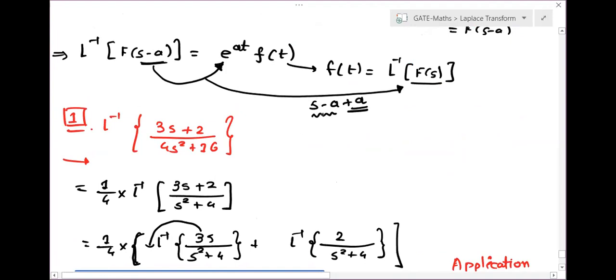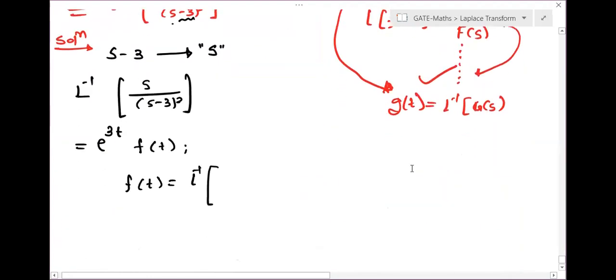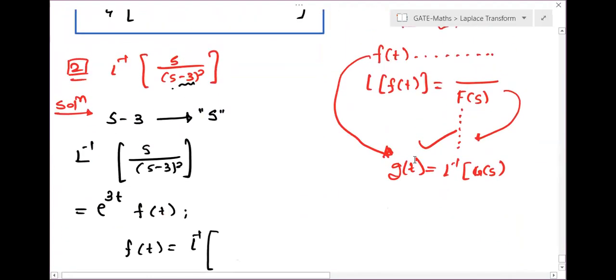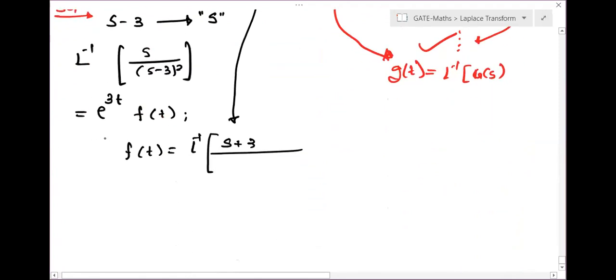Instead of s, if I write s plus a, see over here it is already s minus a, so s plus a minus a will get cancelled out. So here instead of s, I have to write s plus a. This s can be written as s plus a, and in the same way in the denominator this s can be written as s plus a.